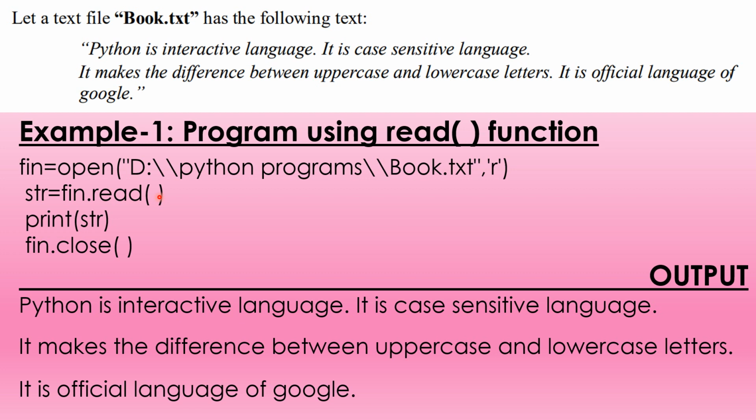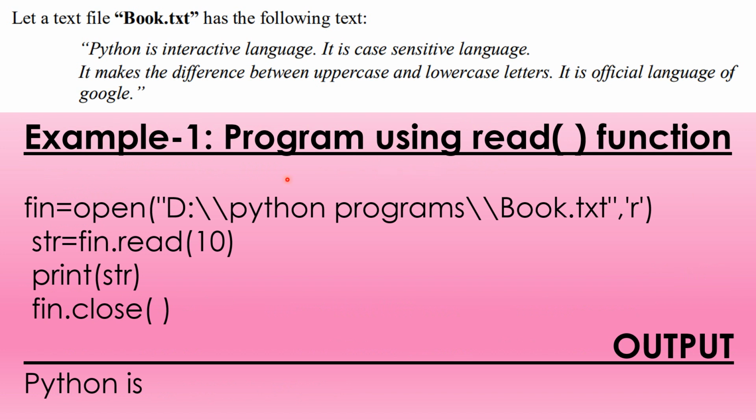As the value of n is not specified in the parenthesis, it will print the entire file. Here we are printing str, so str will contain the value of the entire file. Here we are closing the file. In the output, as you can see, the entire file is printed, whatever is written inside the file.